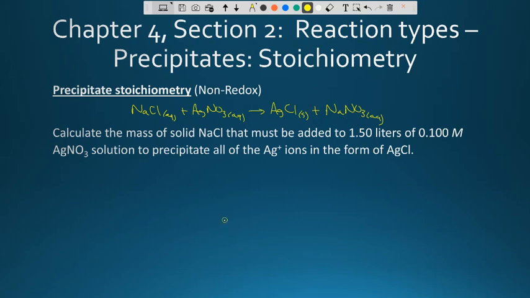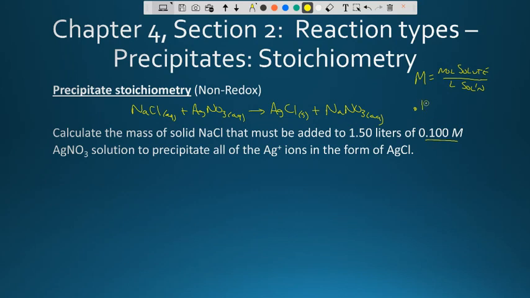Now the problem is saying that we're adding 1.50 liters of a 0.100 molar solution. Remember, molarity is moles of solute over liters of solution. What does that mean?